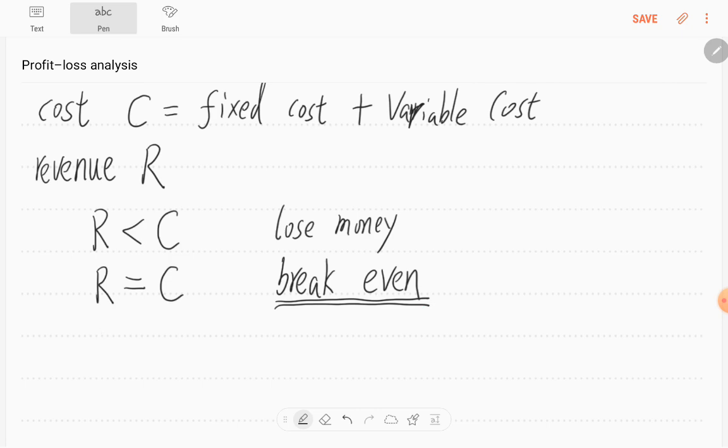If R is greater than C, then the company earns money, which means it makes a profit. So it is very important to find where the company will break even. We have many problems focused on this definition, break even. That means the revenue is equal to the cost.